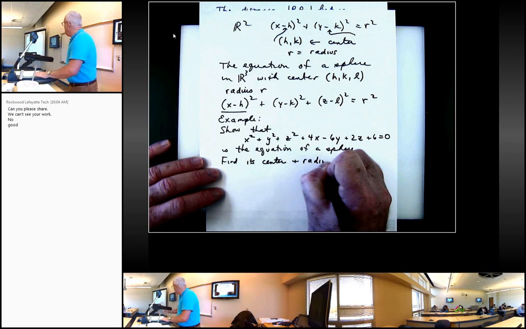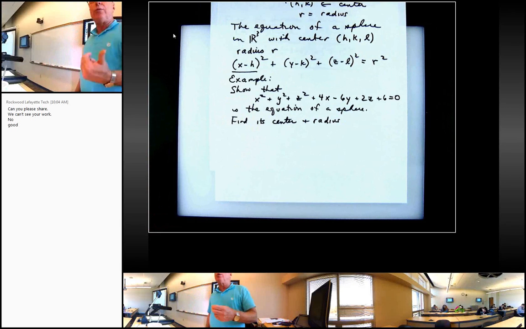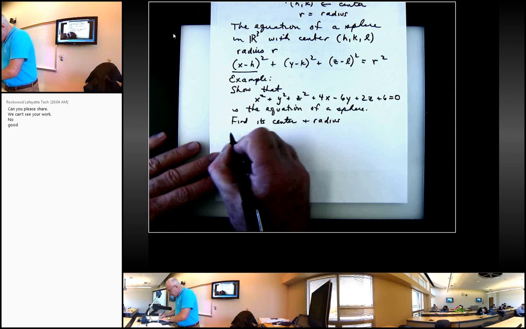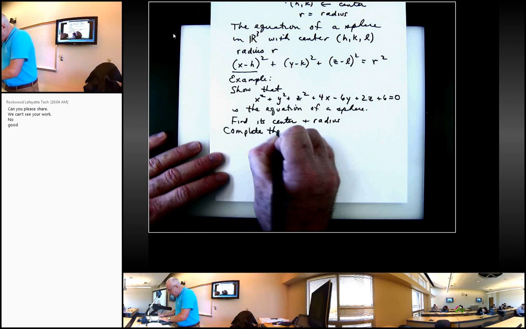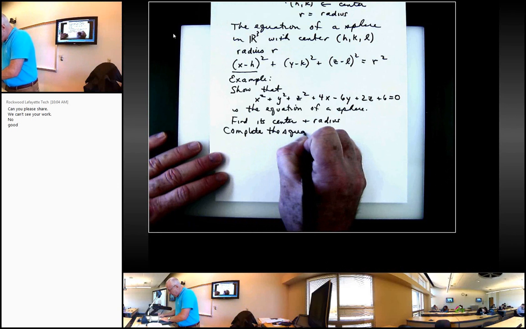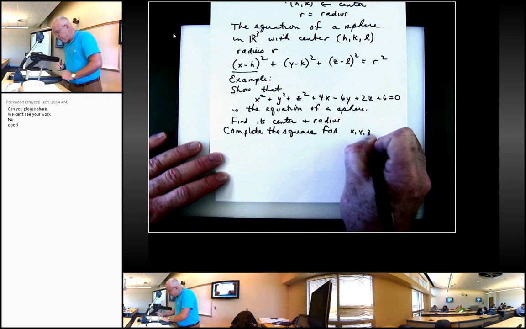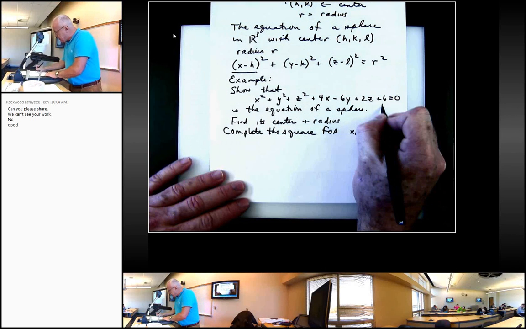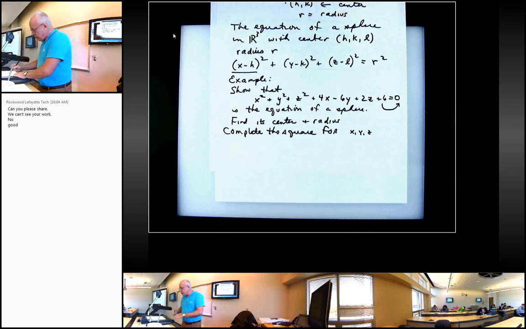All right. So what we have to do with this is complete the square for x, y, and z. And another thing that we want to do right away is get this plain old 6 moved over to the other side of the equation.